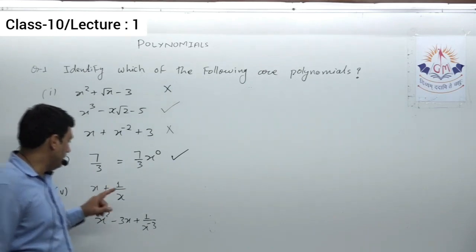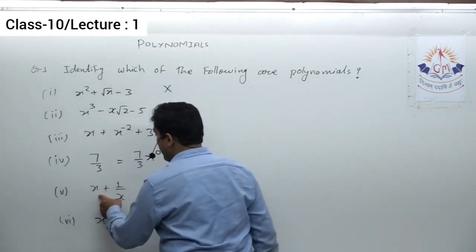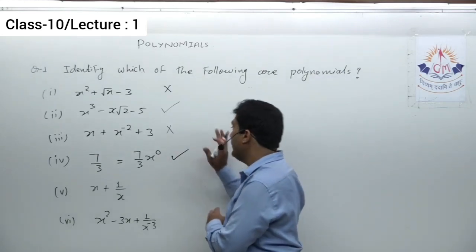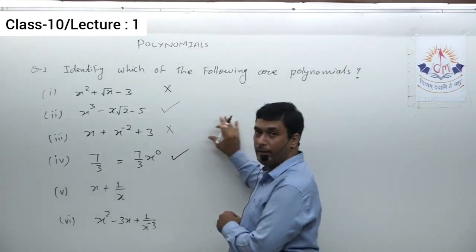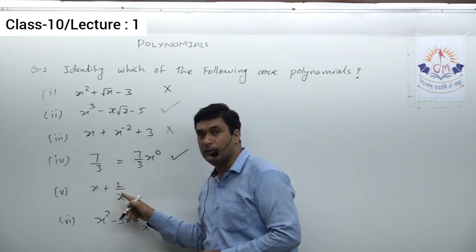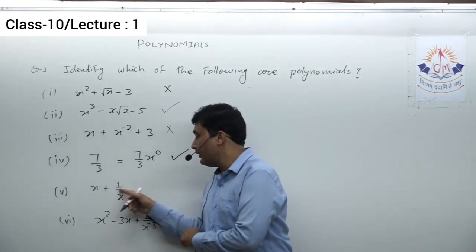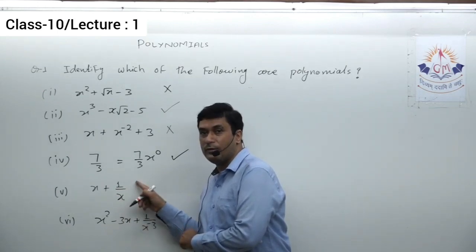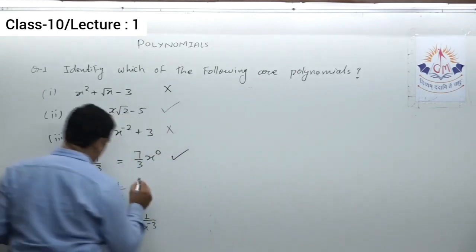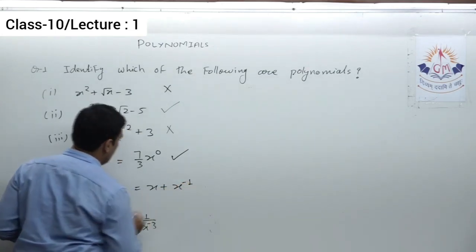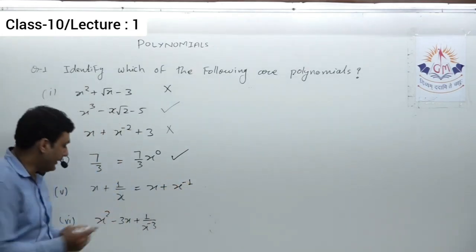Okay, now over here, x plus 1 upon x. See, when I gave you the definition of the polynomial, all the terms were in the numerator. Here one variable is in the denominator. So first I have to take it to the numerator. So this can be written as x plus x raised to minus 1 using the laws of exponents. Here the power is 1.